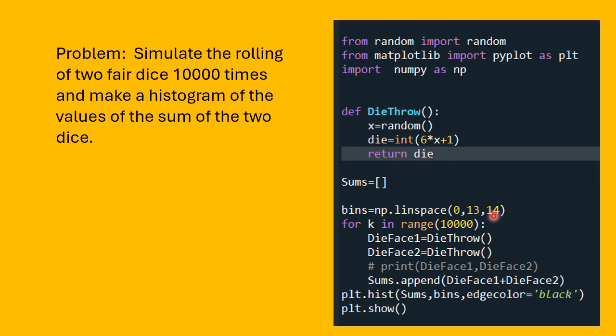So what happens with this is we're going to have on our x-axis, let's say, a number line starting at 0, and it's going to end at 13.